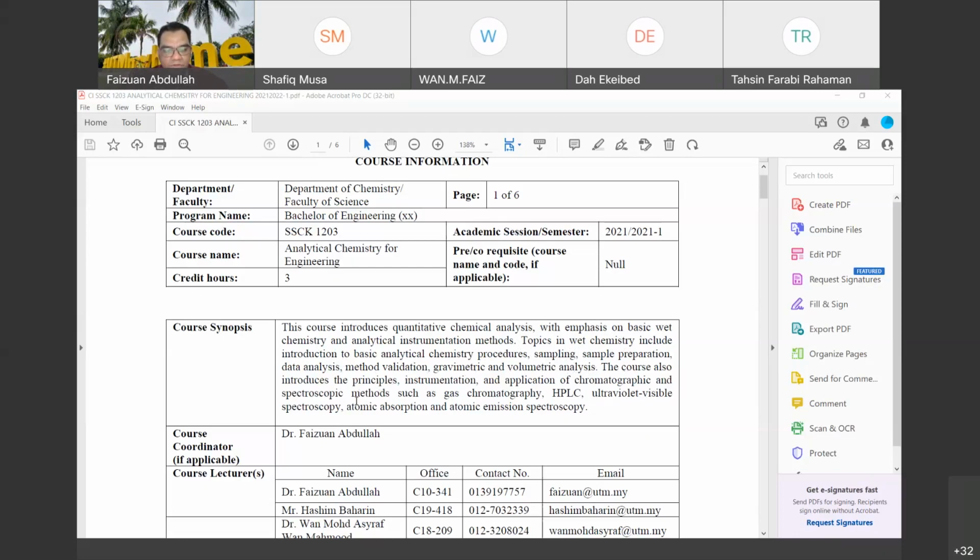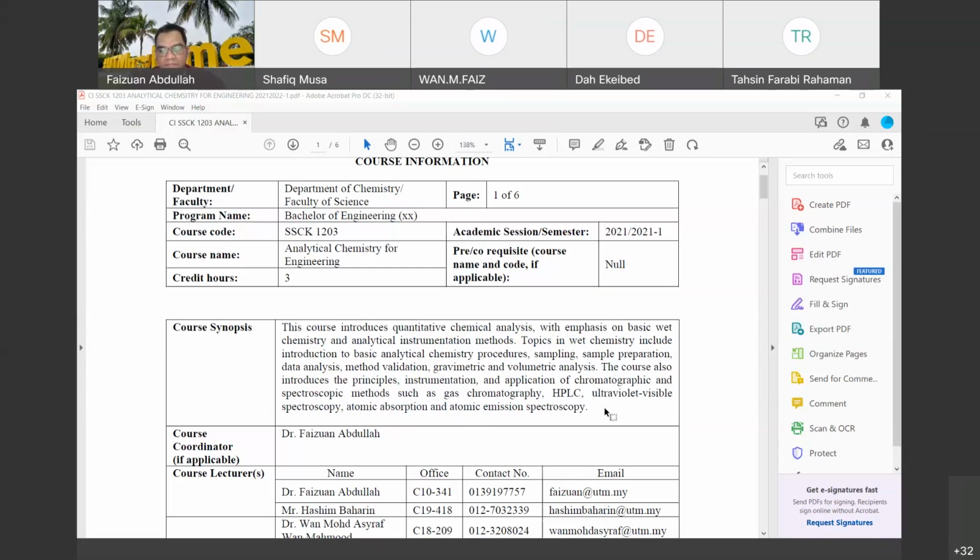The course also introduces the principles, instrumentation, and application of chromatography and spectroscopic methods such as gas chromatography, HPLC, which is high performance liquid chromatography, ultraviolet visible spectroscopy, atomic absorption, and atomic emission spectroscopy.